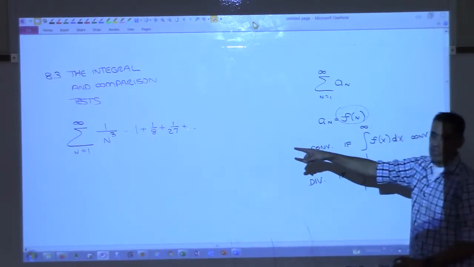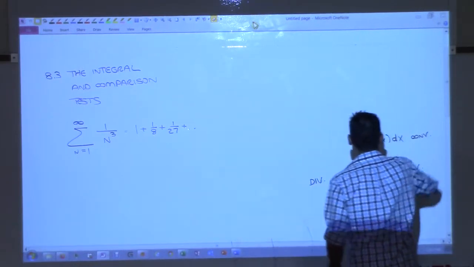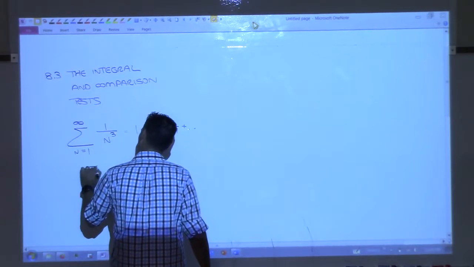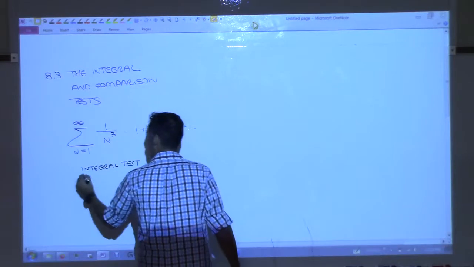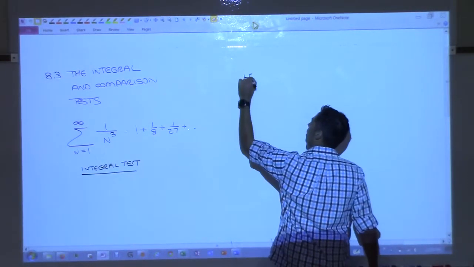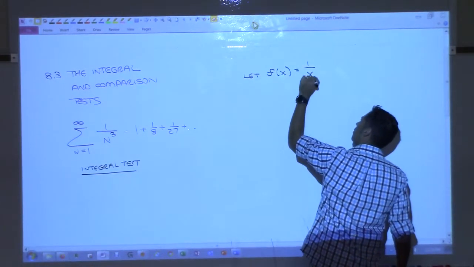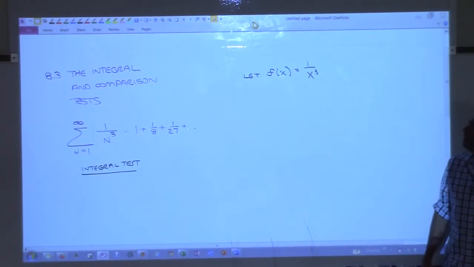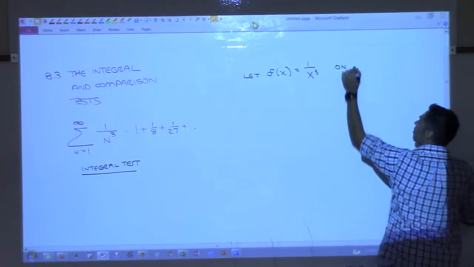I would like to see if we can do this with an integral test. So first thing, let's define the function. Let f of x be equal to 1 over x cubed, right? And we're going to define it on what interval? 1 to infinity.